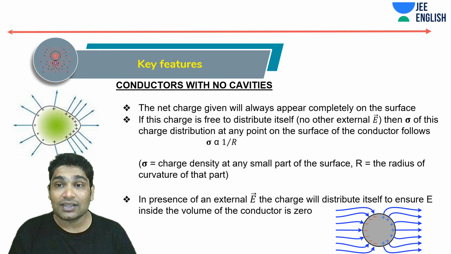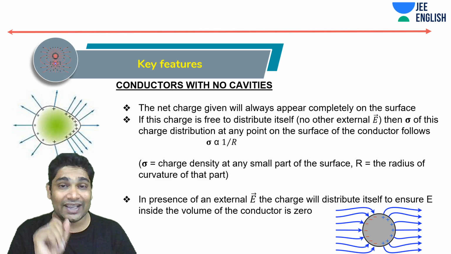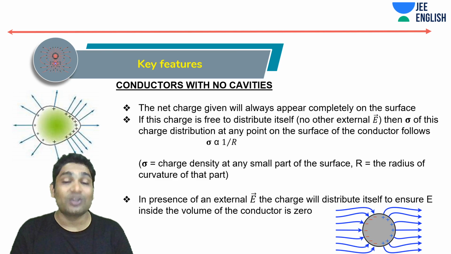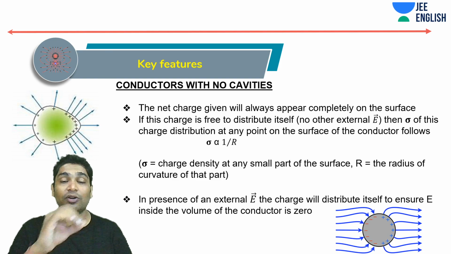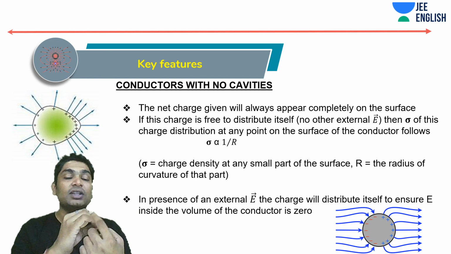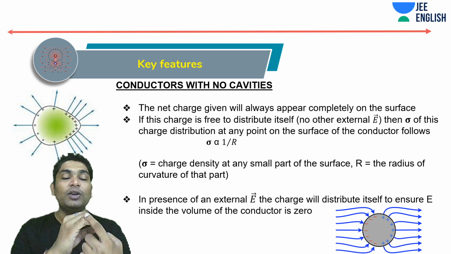So when the charge is free to distribute itself, it will follow a law wherein sigma will be inversely proportional to r. If you want to see how the charge is getting distributed on the surface, let's say I'm talking about this point. Sigma is the charge density at this point.